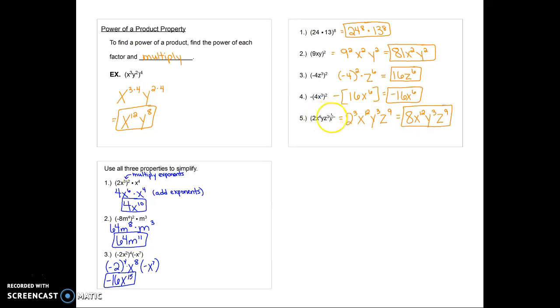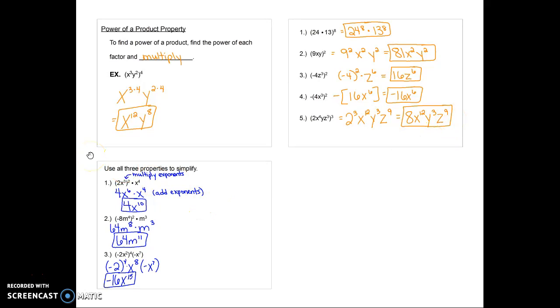And then z to the 9th power when I multiply there. One more step in simplifying. 2 to the 3rd power, be very careful with this, it is not 6. 2 to the 3rd power is 2 times 2 times 2. Okay, remember this exponent is telling you how many of these I have. I have 3 2's that I'm multiplying together. It's going to give me 8. So I have 8x to the 12th, y to the 3rd, z to the 9th.